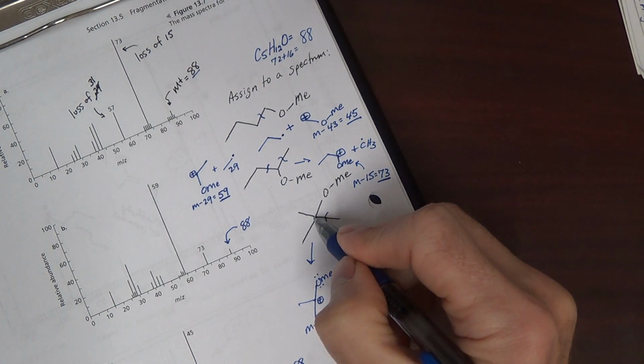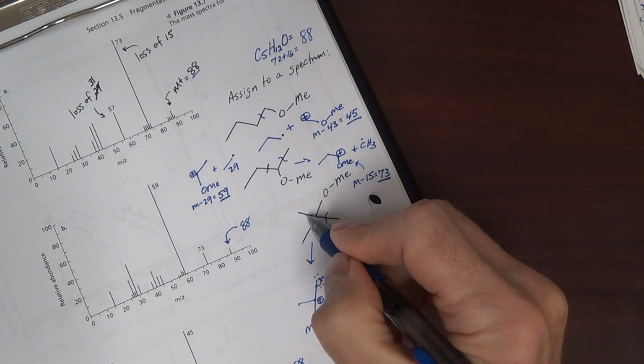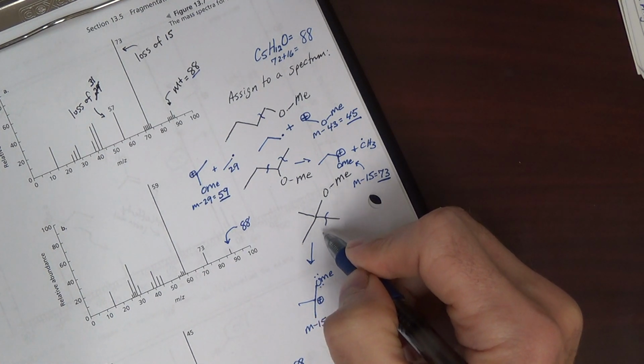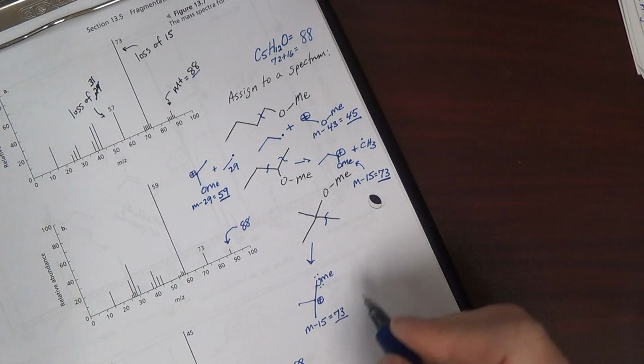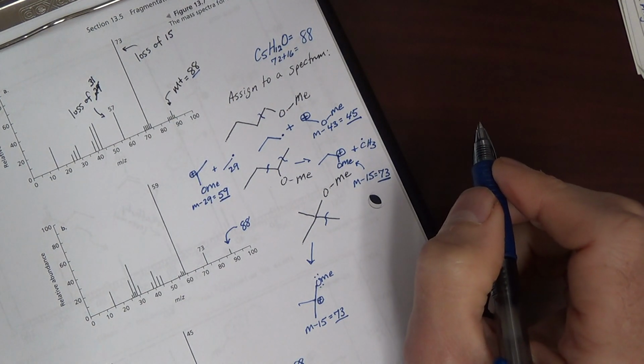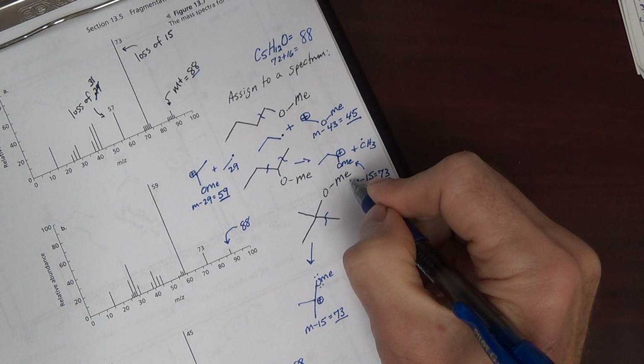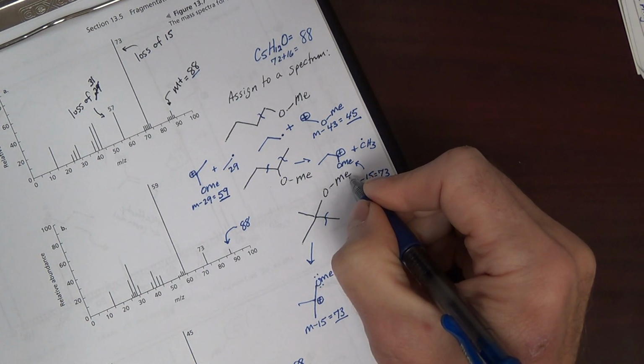We could get a cation here by cleaving any one of these methyl groups. So I'm not going to repeat that. A cation on this carbon would only come from cleaving a hydrogen. We said we're not going to do that.